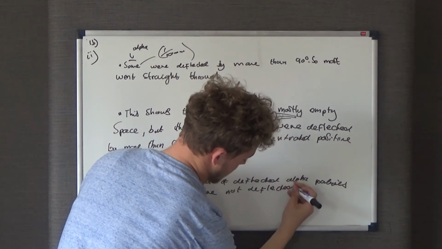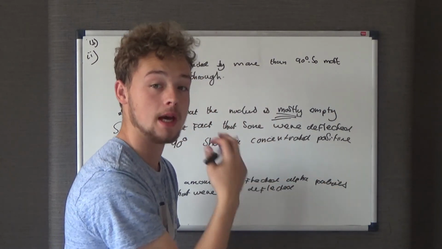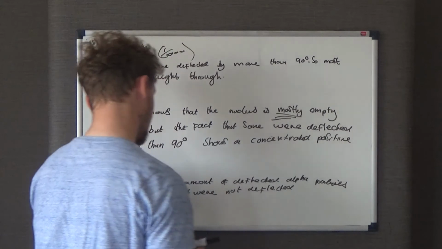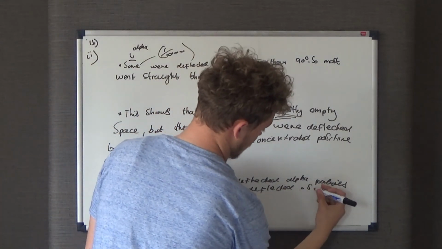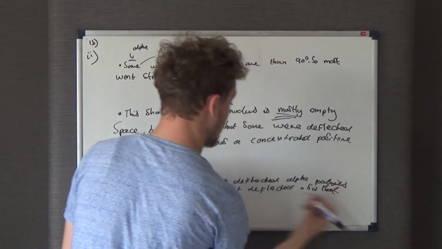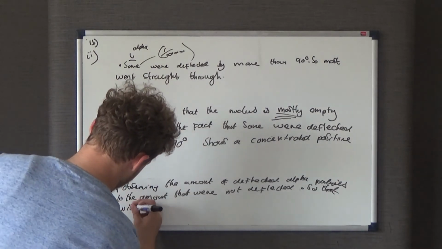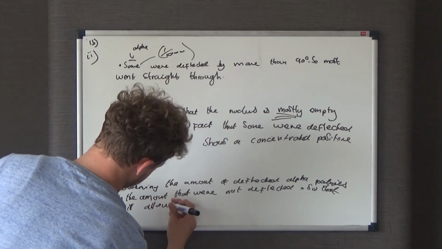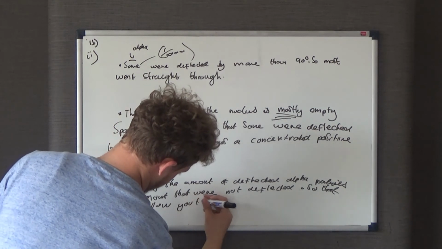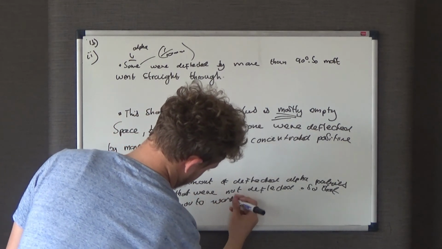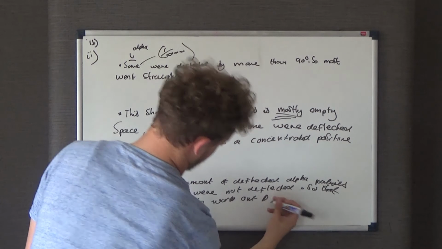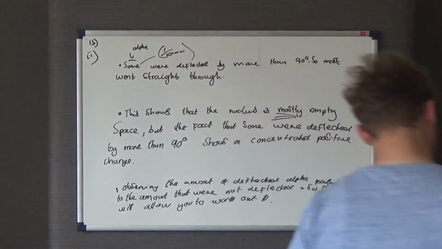And obviously comparing these will allow you to see the actual size of the nucleus. So that will allow you to work out R, in other words, the size of the nucleus radius.